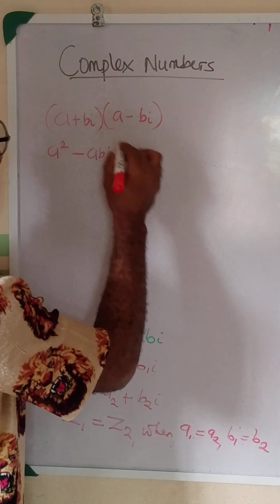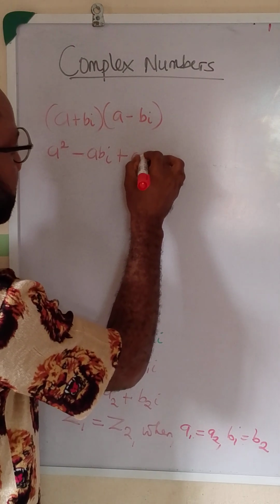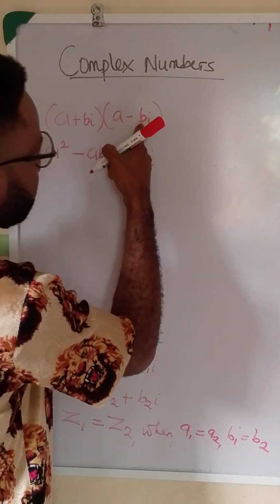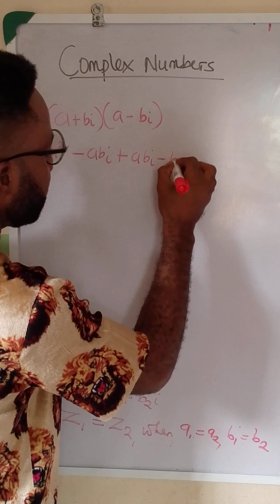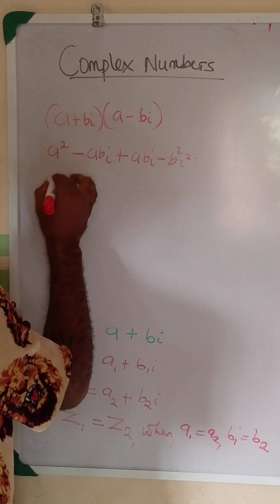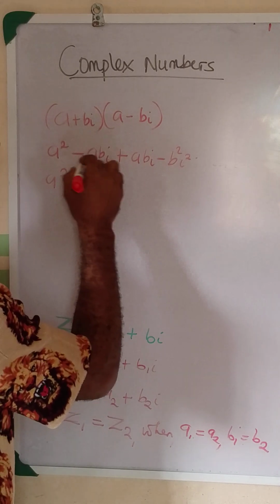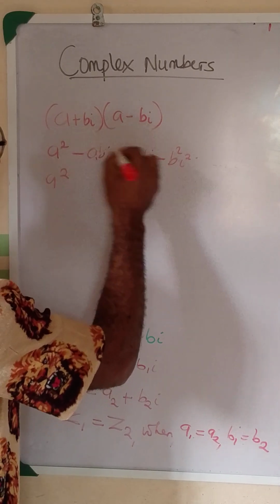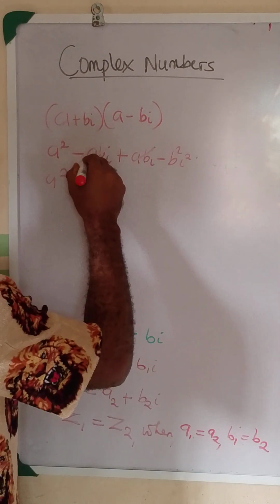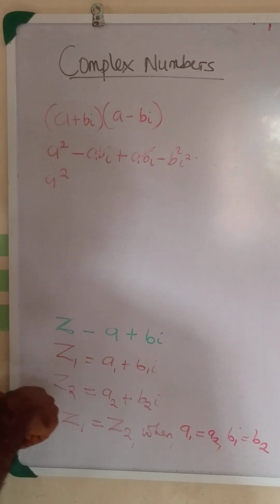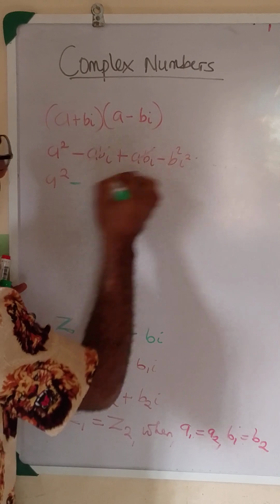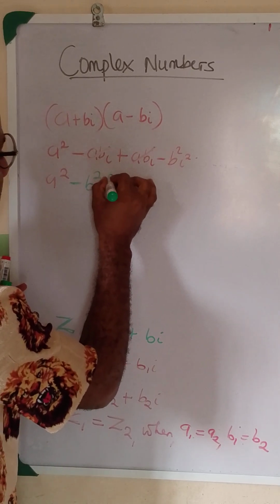Plus bi times a is the same thing as plus abi, and then bi times minus bi gives minus b squared i squared. The minus abi plus abi will cancel out, and so we are left with a squared minus b squared i squared.